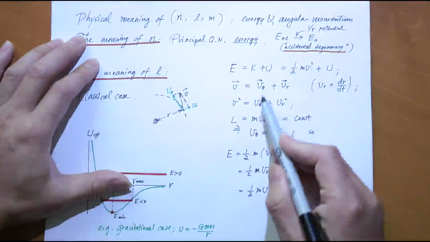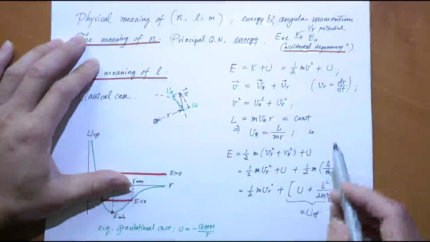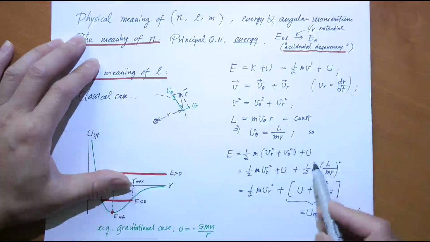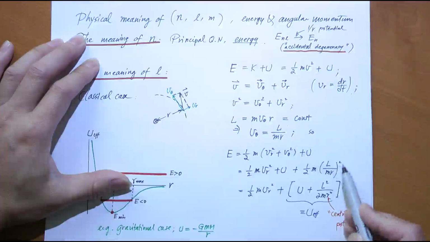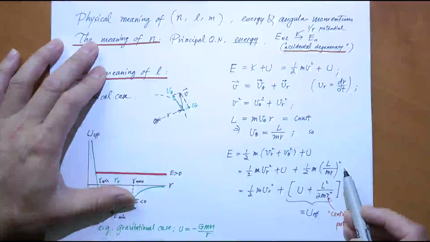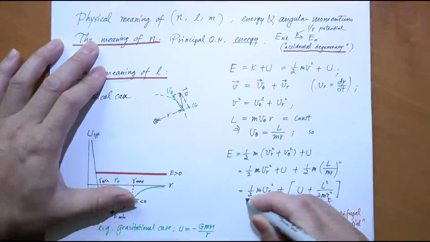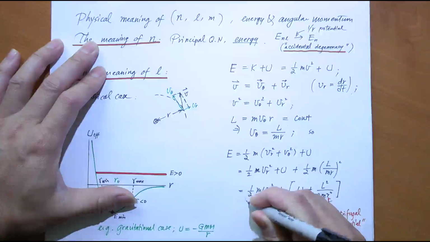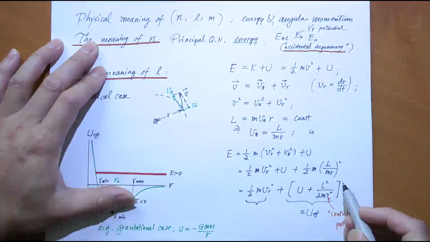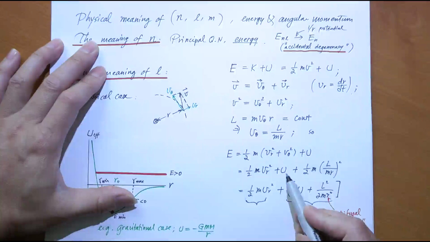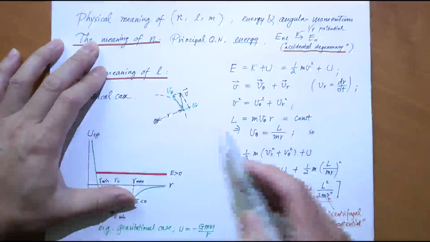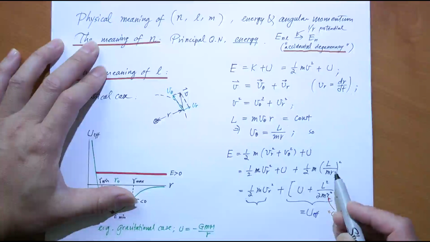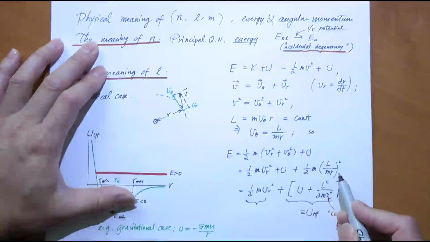So plug that into here for part of the kinetic energy. Vr stays, U stays, but v theta is now L over mr, and you square it. Now I'm going to keep only the term in the kinetic energy that has to do with Vr squared, the radial motion, and combine the potential energy U with the term from the kinetic energy that came from the tangential motion, which I re-expressed in terms of the conserved quantity, the angular momentum.